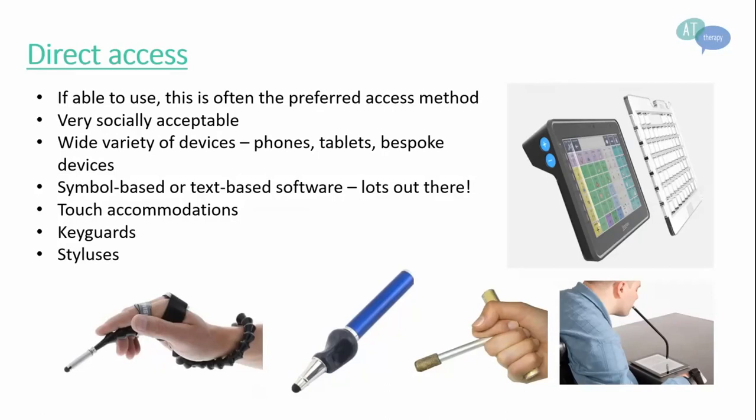So it's useful for someone that has maybe some unintentional movement or tremors potentially as well, so that it's recognizing a more intentional movement. And you can also set it up to have particular gestures or swipes that mean particular commands as well.